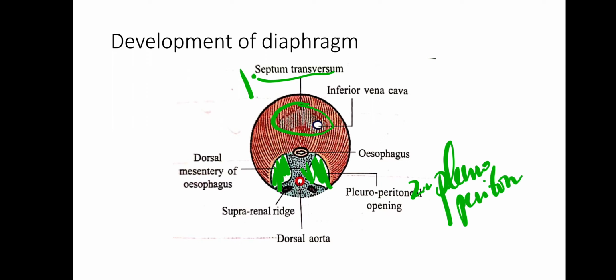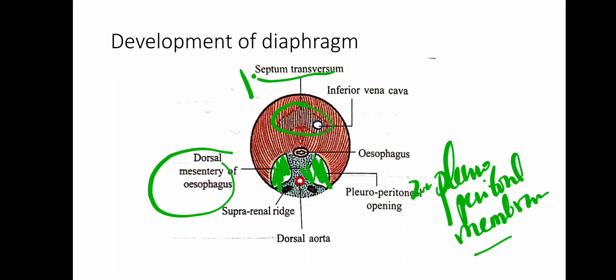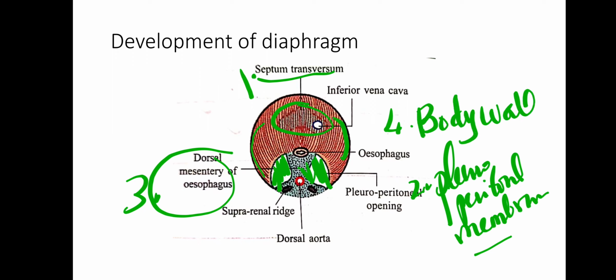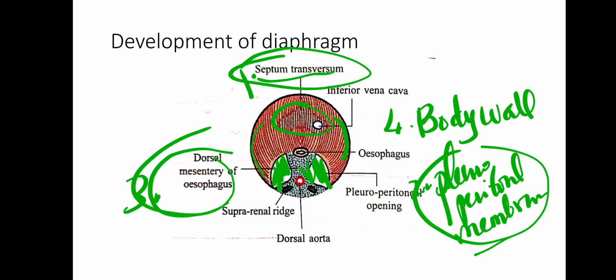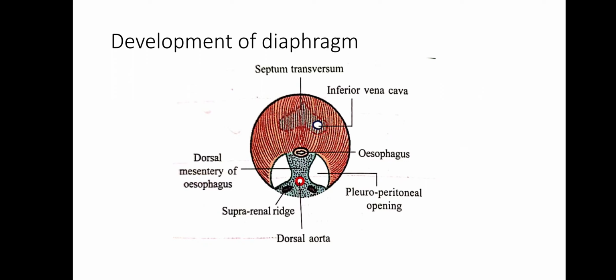The dorsal mesentery of the esophagus forms the crural part, and the peripheral body wall contributes to some of the peripheral part. So these four structures contribute to the development of the diaphragm: septum transversum, pleuroperitoneal membrane, dorsal mesentery of the esophagus, and body wall. Any compromise in the development of any of these structures is going to cause a hernia.